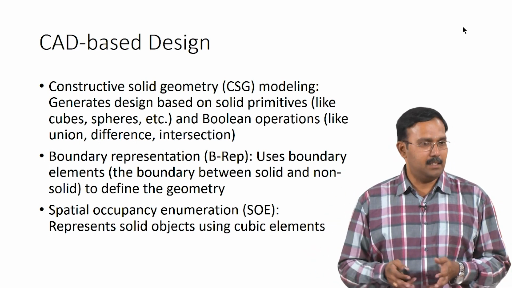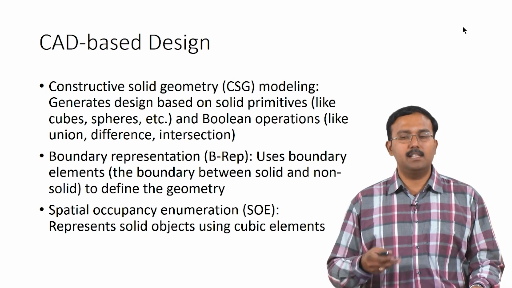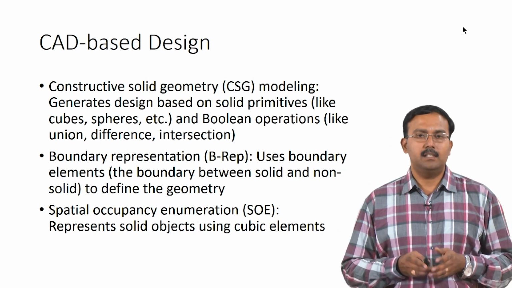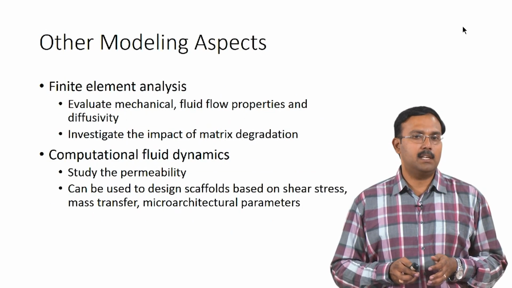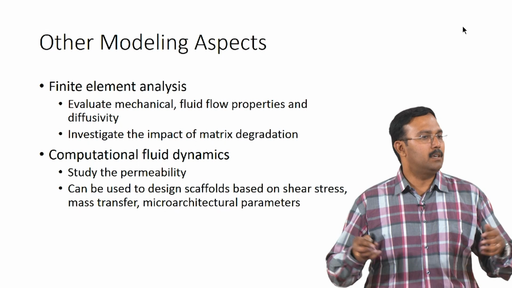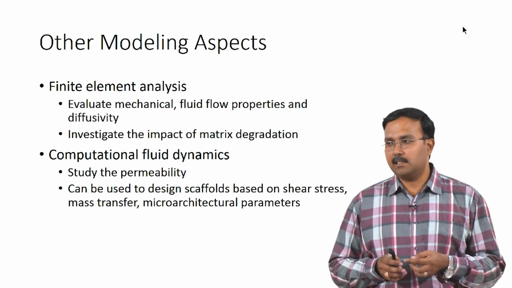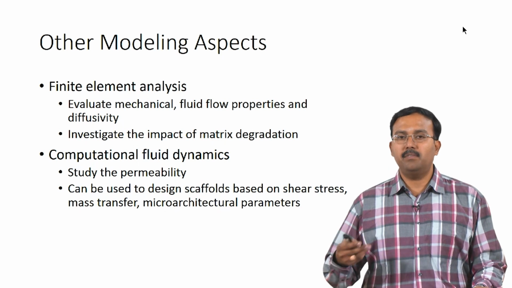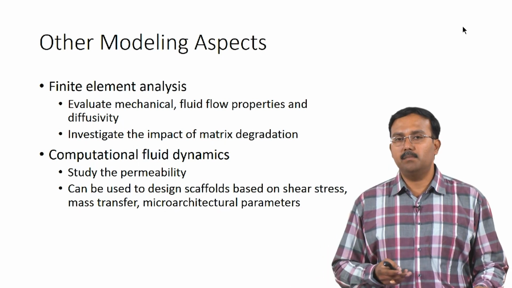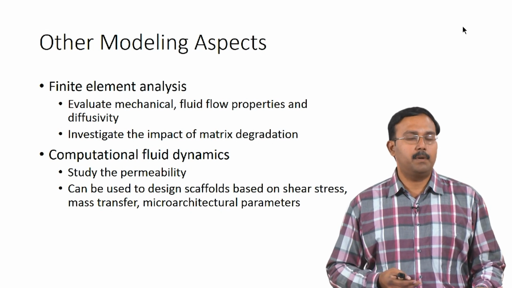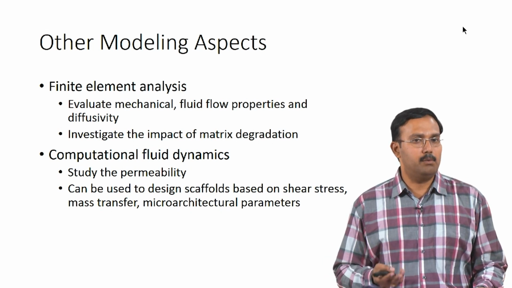So, these are just some of the strategies which are used for designing the scaffolds using 3D printing. There are also other modeling aspects which can be incorporated into 3D printing. It is not just for bringing in the internal structure. You can apply finite element analysis method to evaluate the mechanical and fluid flow properties and diffusivity of a scaffold which you would be printing.